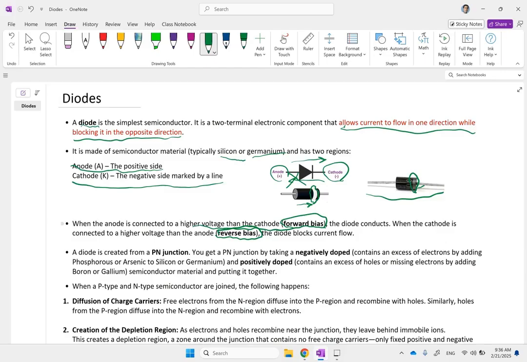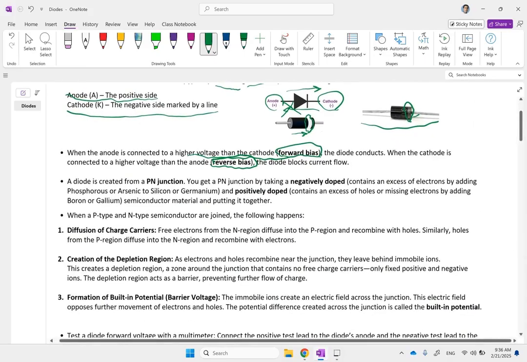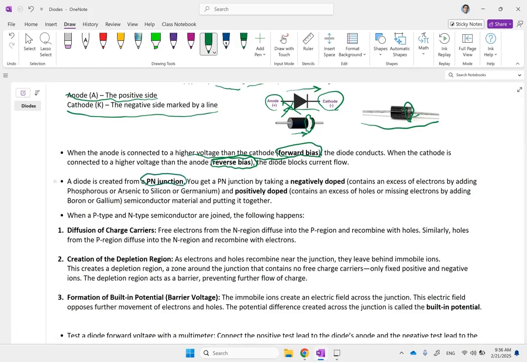So how would you create a diode in the first place? I don't want to get into a lot of details about that, but the basic diode is what we call a PN junction diode. That is the most common diode that you see, and PN is positive and negative. You take some semiconductor, like silicon or germanium, and on one side of it you negatively dope it.